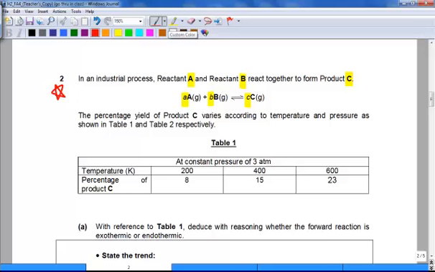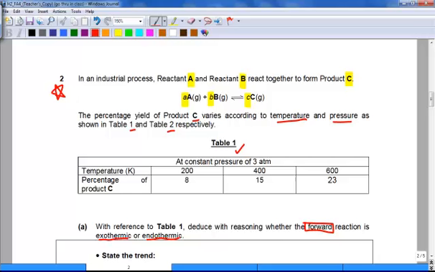Because from A, B, C you don't know what numbers they are, so you cannot assume. But they tell you that the percentage yield of product C varies according to temperature and pressure as shown in tables 1 and 2. For the first part of the question, they are asking about table 1: deduce with reasoning whether the forward reaction is exothermic or endothermic.